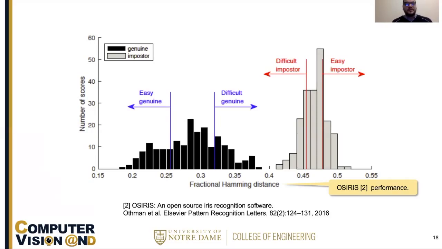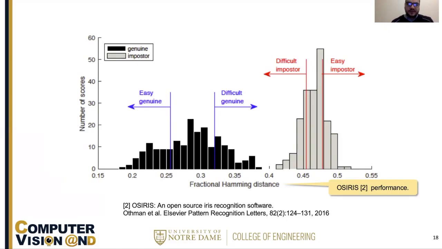The genuine pairs are pairs of iris pictures that depict the same eye, and imposter pairs are pictures that depict different eyes. And by using John Daugman's solution, you get a Hamming distance of the iris codes that his method generates. And this distance, if it is small, means the eyes are probably the same, the pictures are of the same eye, so you have a genuine pair. And if the distances are large, you probably have an imposter pair.